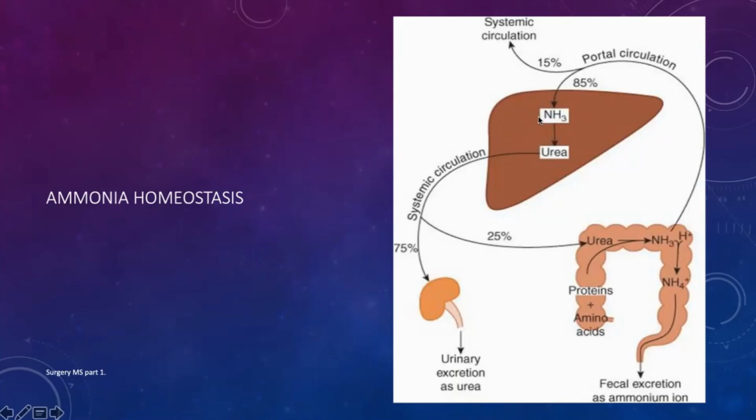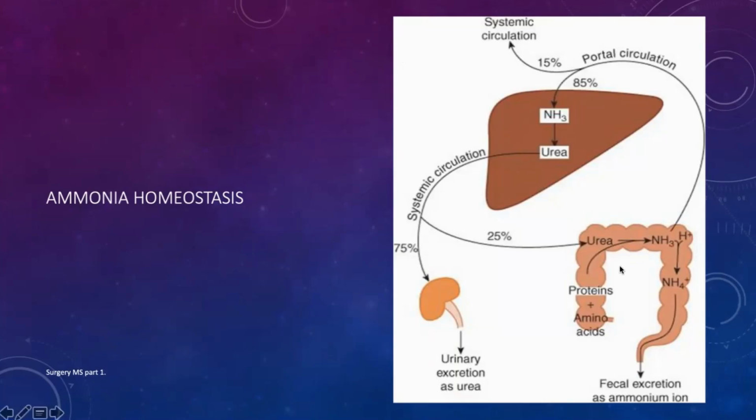So this ammonia, since it is fat soluble, it can easily go through the blood-brain barrier. So since it goes through the blood-brain barrier, you will see the patient is getting central nervous system effects of ammonia. So that is why you will see hepatic encephalopathy in patients who have excessive ammonia levels.